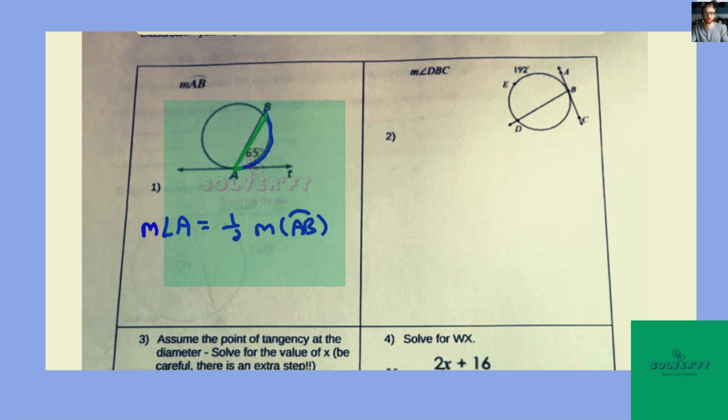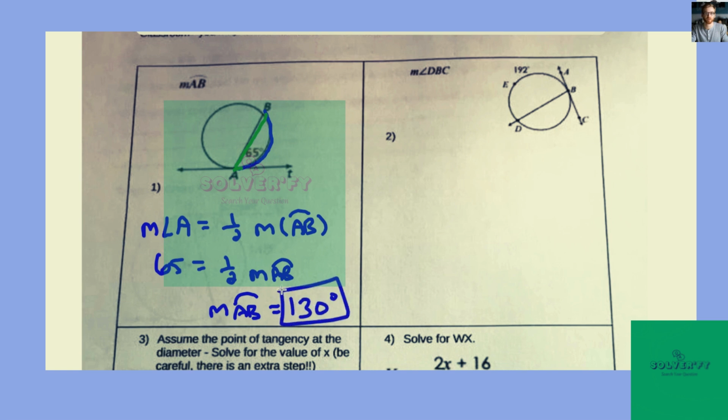So if the angle is 65 degrees, that's going to be equal to half of the measure of arc AB. Multiply 2 to both sides, and the measure of arc AB will be equal to 65 times 2, or 130 degrees.